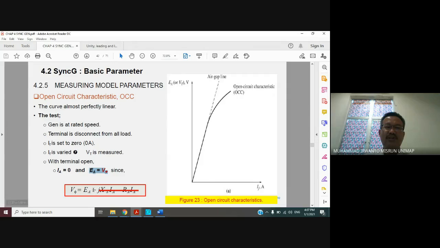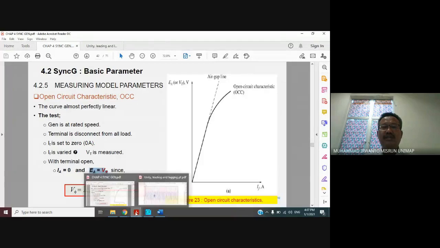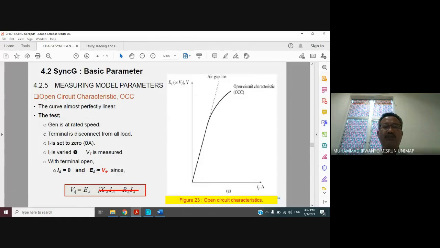So this formula before, here I highlight in red: phase voltage equals internal generated voltage. If you change the value of the field current, you can obtain a value of the open circuit voltage of the terminal generator, or phase voltage, or terminal voltage.